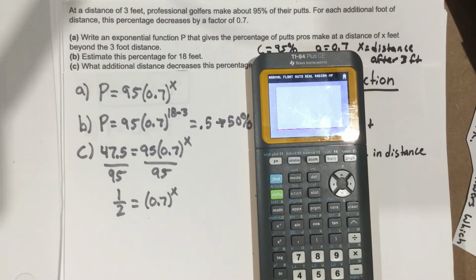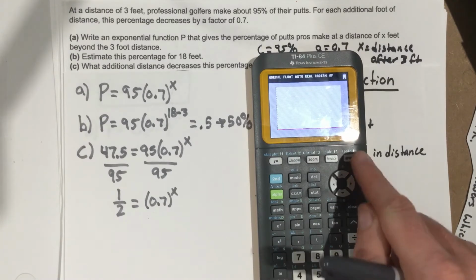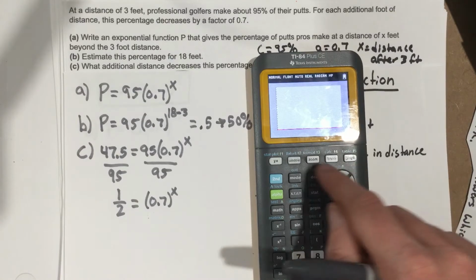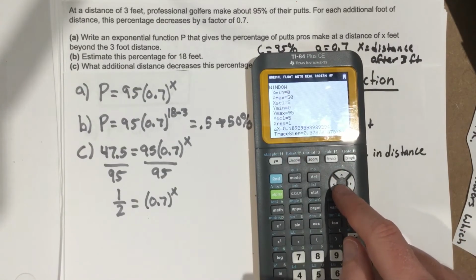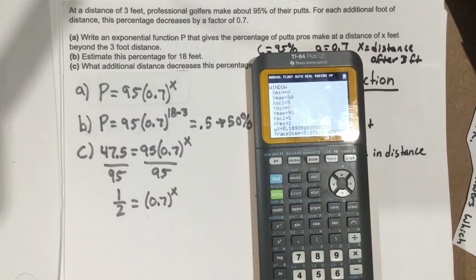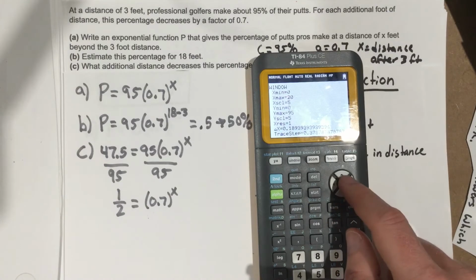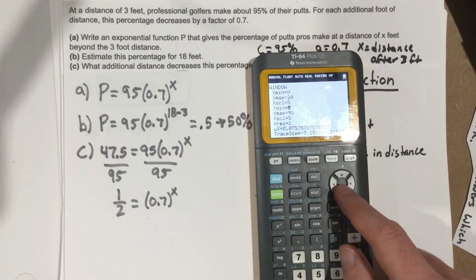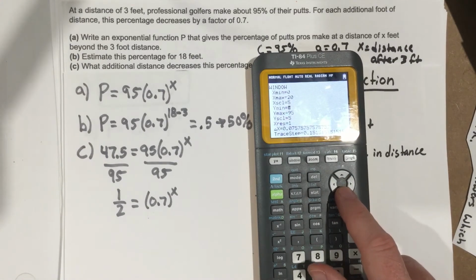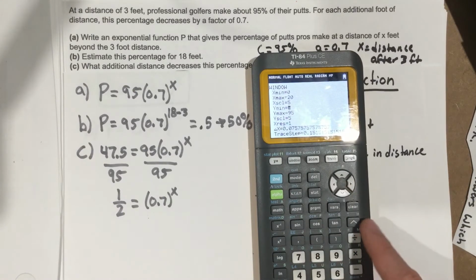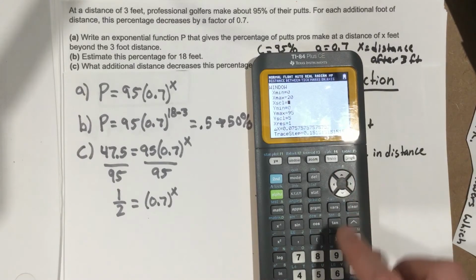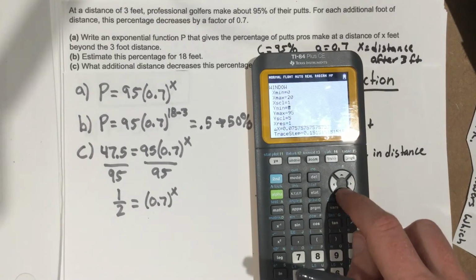I don't think we got quite what we wanted there, so let's go to window, and instead of 50, let's change this to like 20. And let's change the Y min and max to, well, we're looking for the min. Let's just see what happens when we change it to 20, and we'll go up by ones.